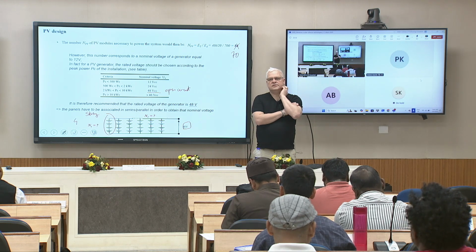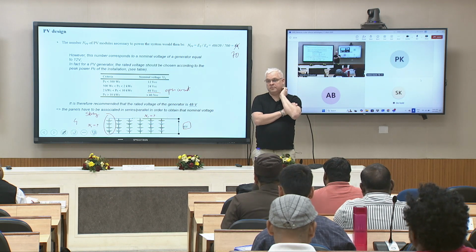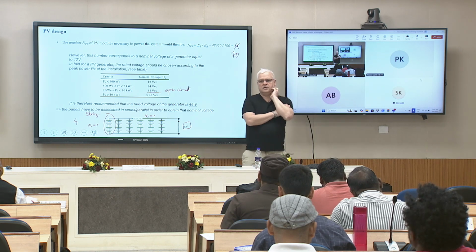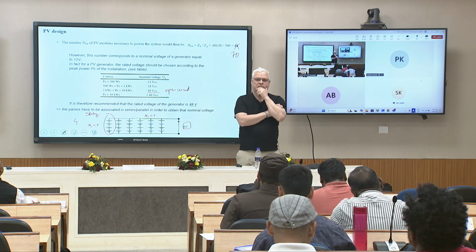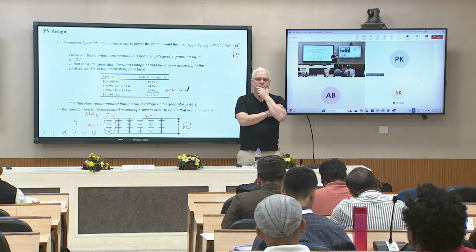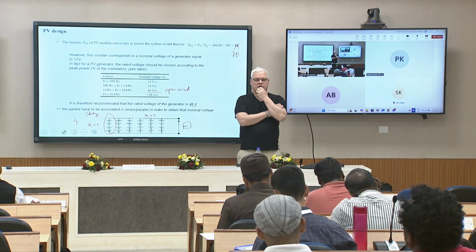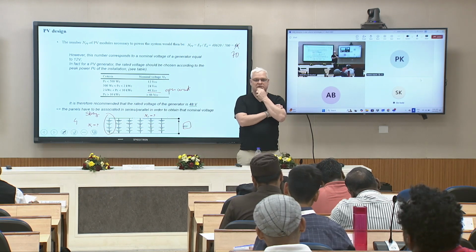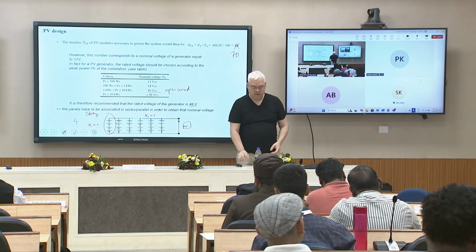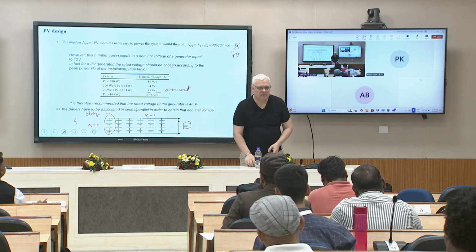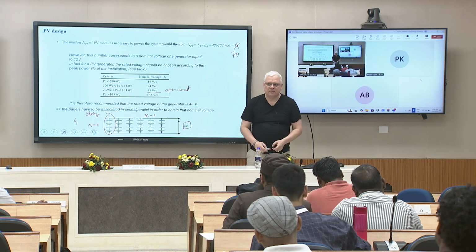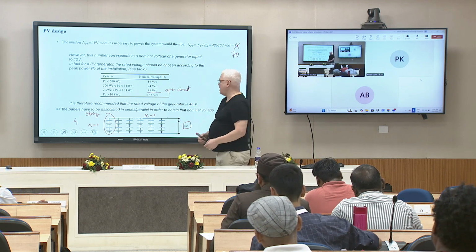So now if I have 4 PV panels per string, if you divide 70 by 4, it should give you an idea of the number of parallel strings. So can you compute it, because I didn't do that? 17.5. So you can take 18.